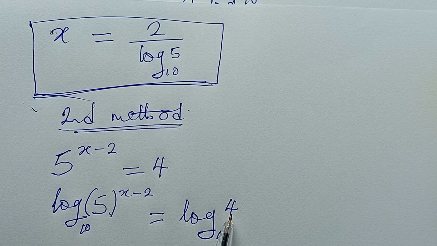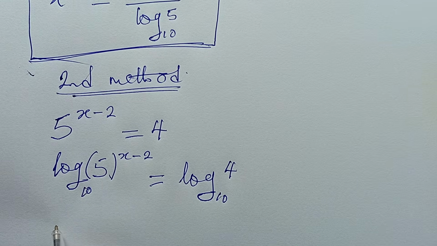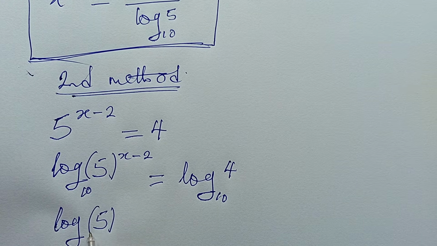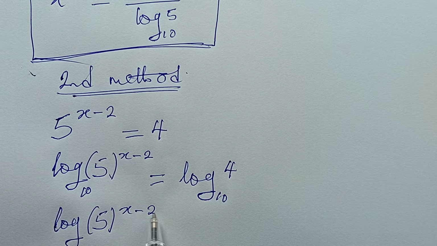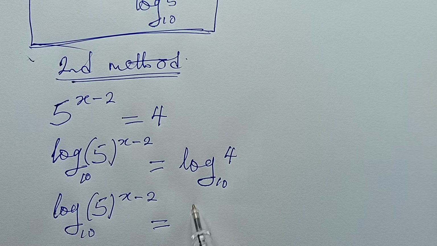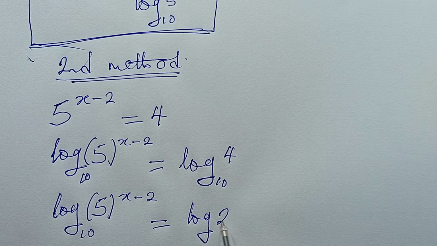So we know we have to break down this 4 to 2 to the power of 2, right? So this is going to give us the log of 5 to the power of x minus 2 base 10 is equal to log of 2 to the power of 2 base 10.